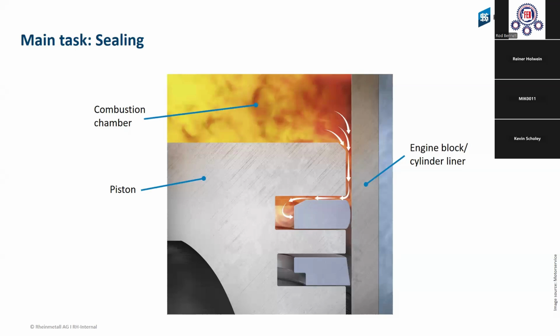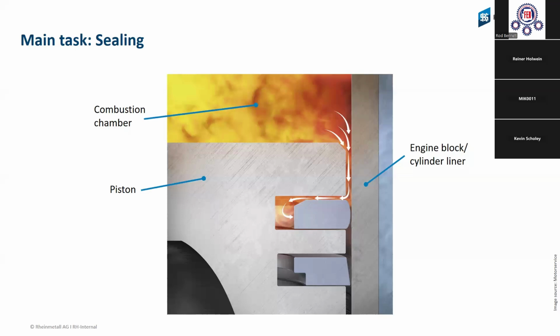This effect, together with the force of the tension of the piston ring and the pressure from the combustion behind the ring, gives us a sealing effect on the liner, and the pressure cannot drop down to the oil pan, so we don't have the blow-by effect.